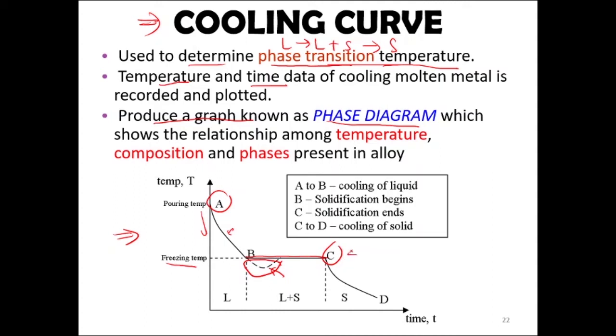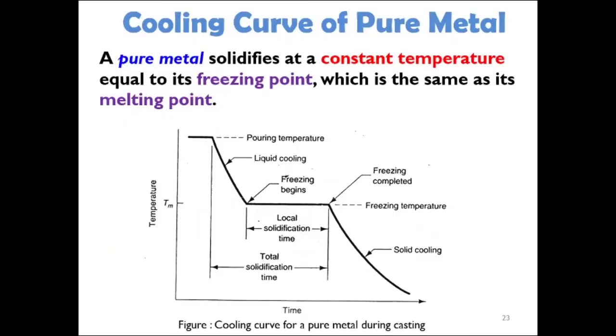After the solidification ends, the solid metal will cool down to room temperature. Theoretically, this is the cooling curve of pure metal. Over here, we can see a pure metal solidifies at constant temperature, equal to its freezing point, which is the same as its melting point.